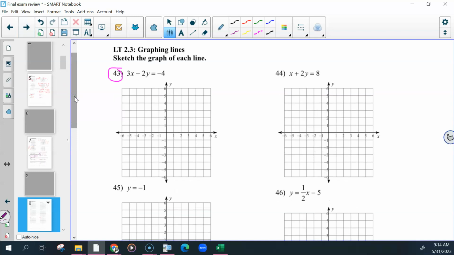Now we're at graphing. You're either going to be given slope-intercept form and you graph the line, or you're not and we'll have to solve for y and then graph the line. Which of these do we want to go over for you?